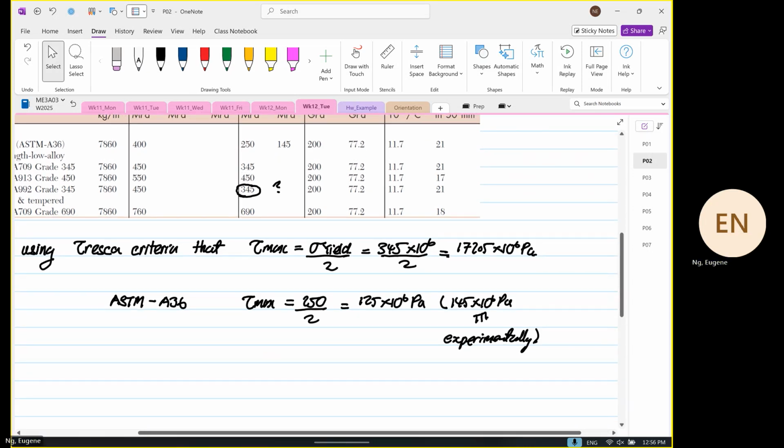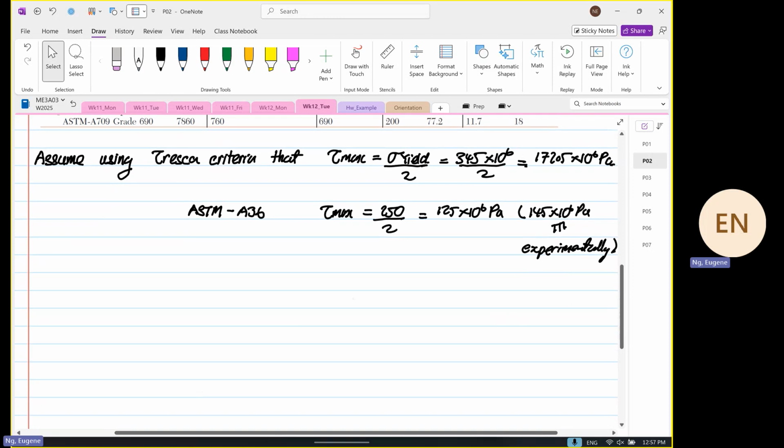Okay. So now, let's sketch 3D Mohr circle. Okay, sketch 3D Mohr circle and see how Tresca criteria works.